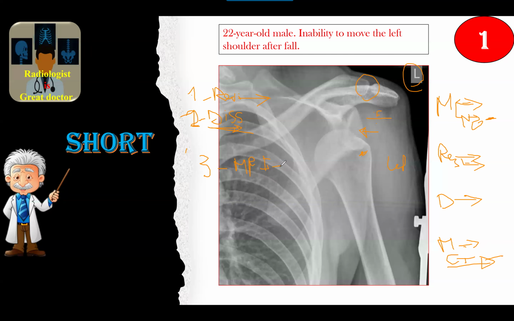MRI shoulder may be helpful if clinically needed because it's not routinely done. It is not done in the acute phase. After 2 or 3 days, MRI is helpful if clinically needed after resolution of the edema and soft tissue swelling.